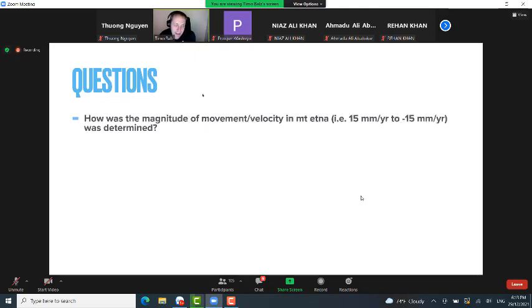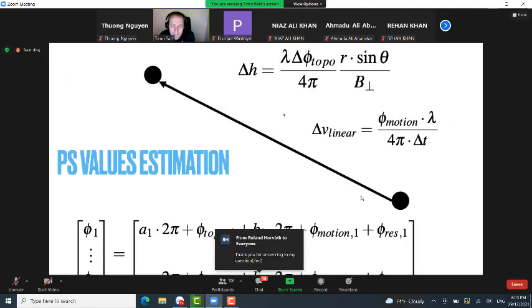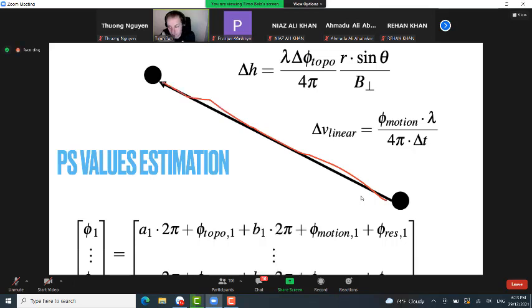Okay, how did we get the magnitude of the motion in Mount Etna and all the other examples? At the end, as just said, we connect 2 points. Then we connect many points, but between 2 points the difference is then estimated.